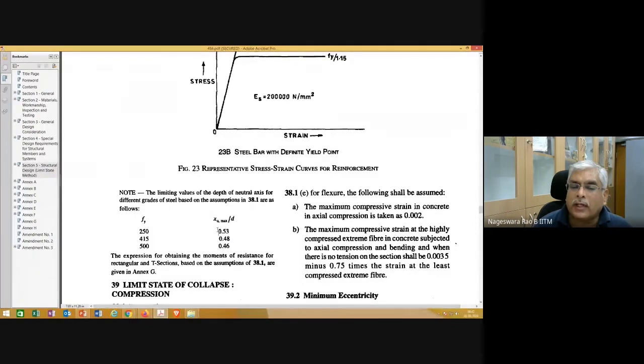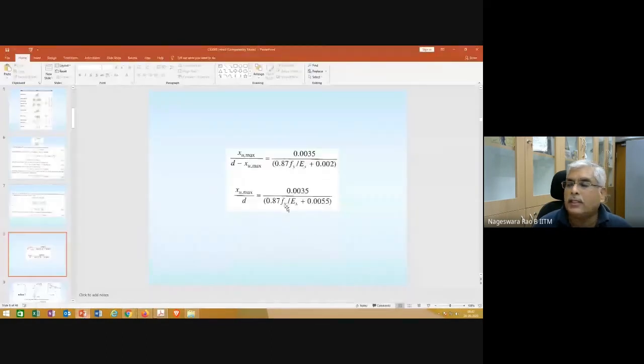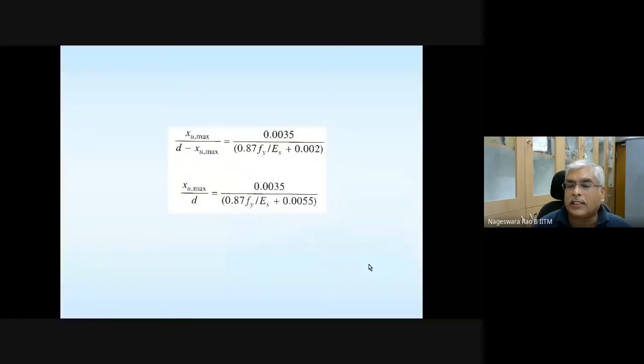And how are these values obtained? They are obtained from this relation. Substituting in this relation Fy corresponding to Fe415, or Fy corresponding to any other steel, and the modulus of elasticity of steel, whatever grade of steel, is going to remain the same, 200 GPa.